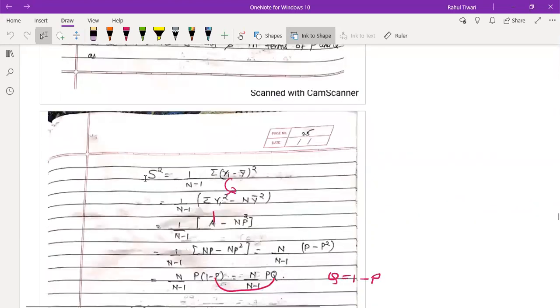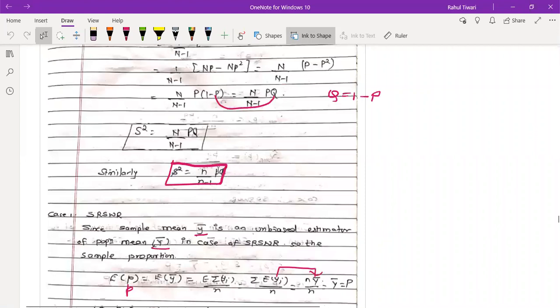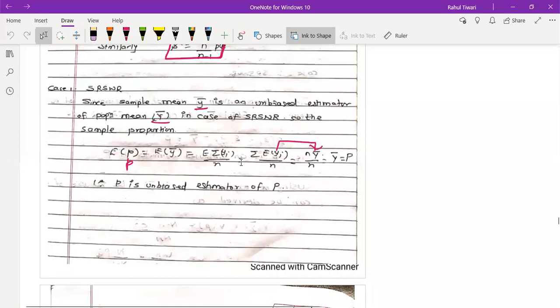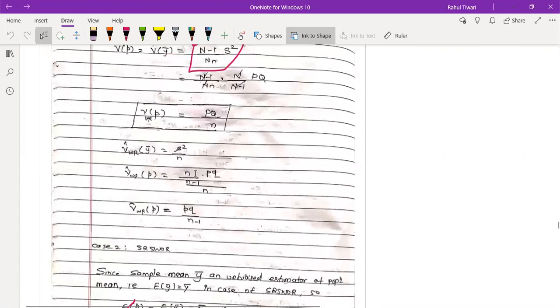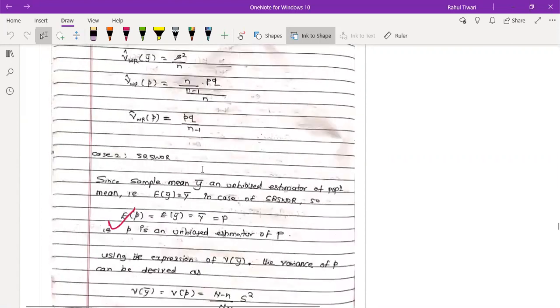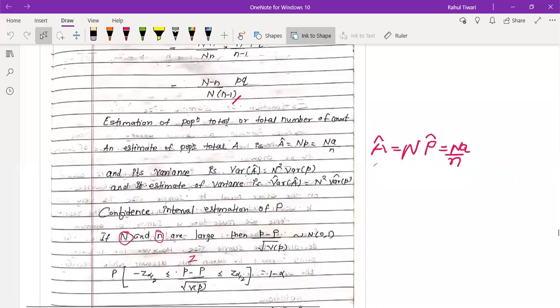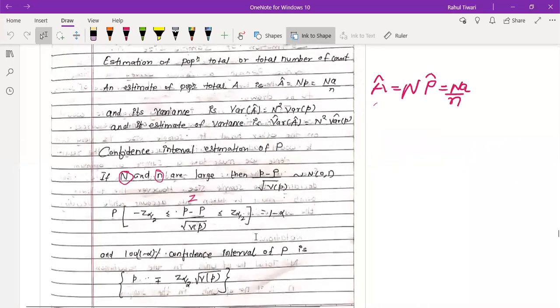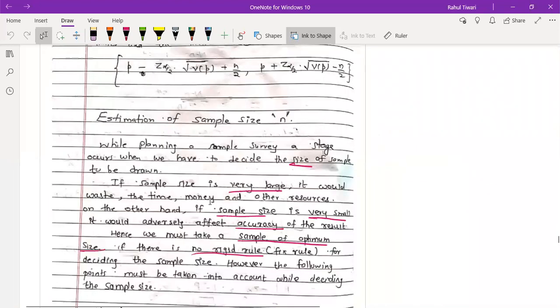Then you have to define the population mean square and sample mean square in terms of proportions, and then you can go for their unbiasedness, then their variance. This is the same as we are doing in the case of WR. Then again, you have to do it for WOR, their estimates, then population total estimates, and then again move to the confidence interval. See, exactly the same procedure we did in the previous cases, and then move to the estimation part.